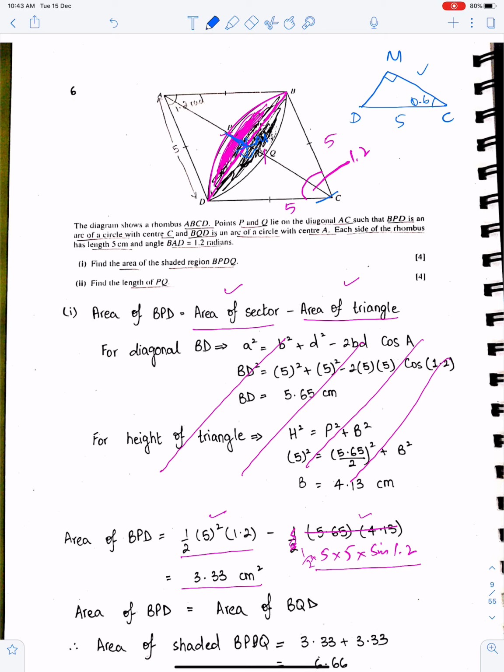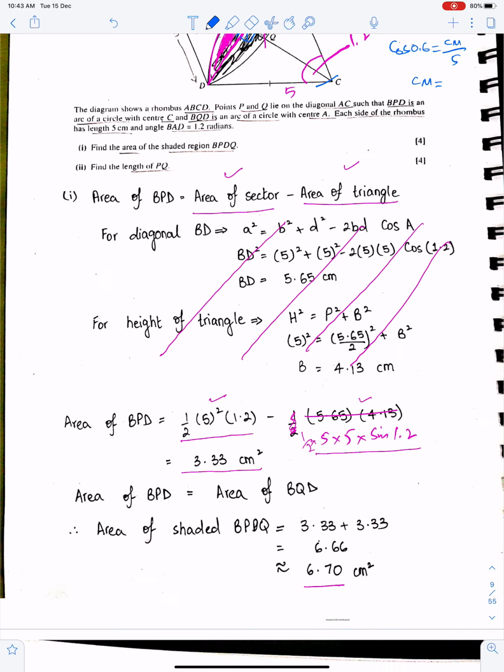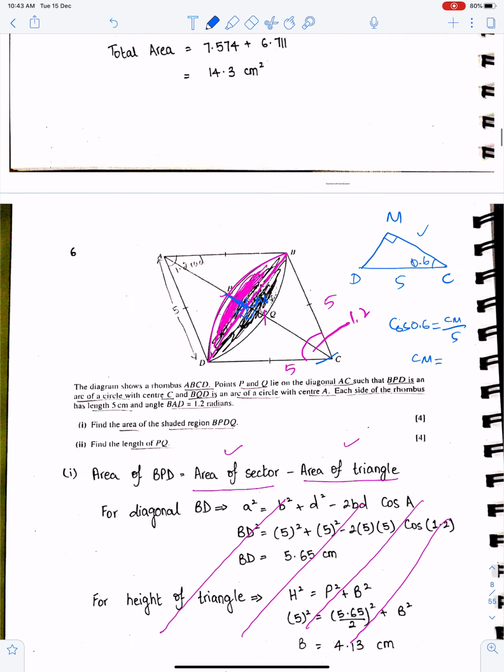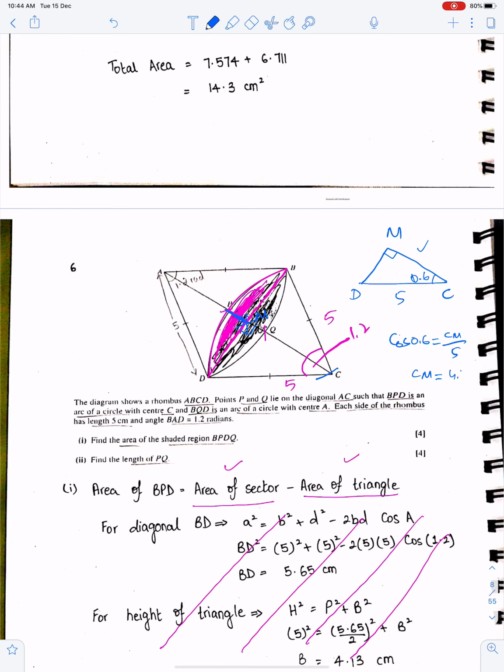For CM we should use cos. It should be cos 0.6 equals CM over 5. Once you get CM, it will be 4.13. You can easily get this length, PM.